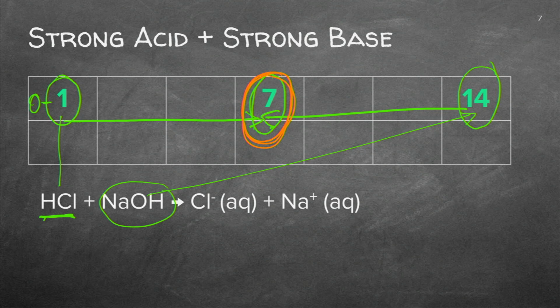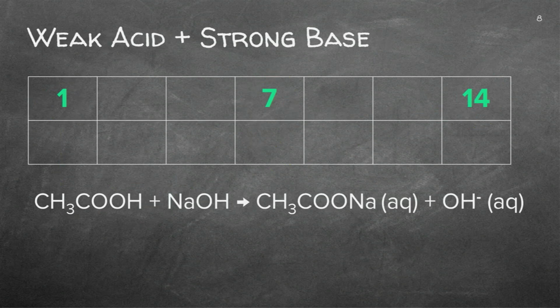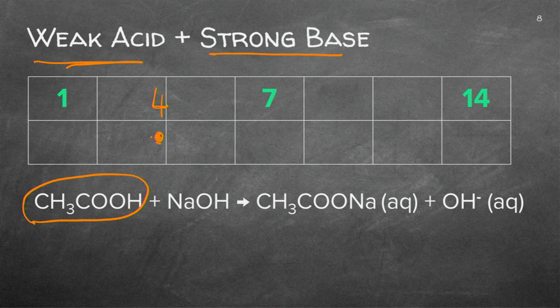On the other hand, if I had a weak acid, now let's have a look. I've got ethanoic acid. Now ethanoic acid is probably around 4. So I'm now putting a weak acid there with a strong base. Now the strong base, guys, is still here.